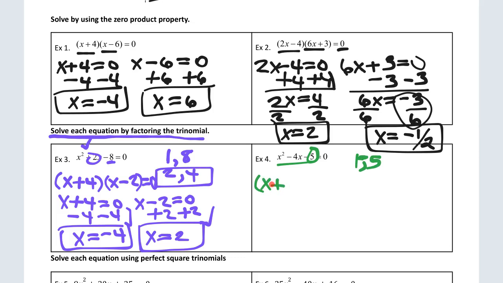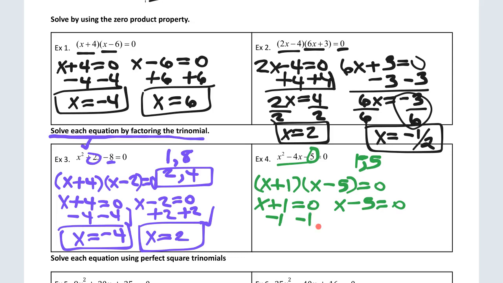Therefore, our factors will be x plus 1 and x minus 5. So x plus 1 equals 0 and x minus 5 equals 0. X is -1. Add 5 to both sides of the equation, and x is 5.